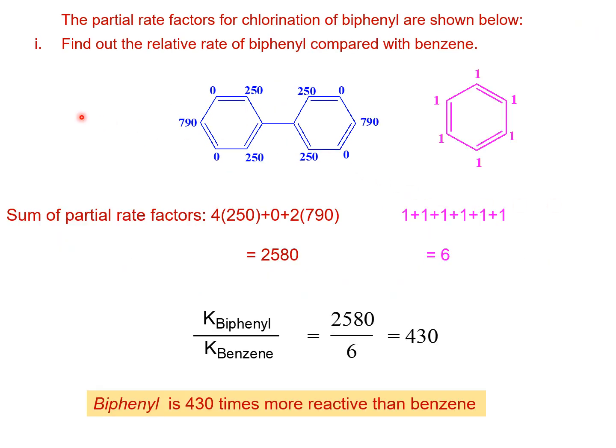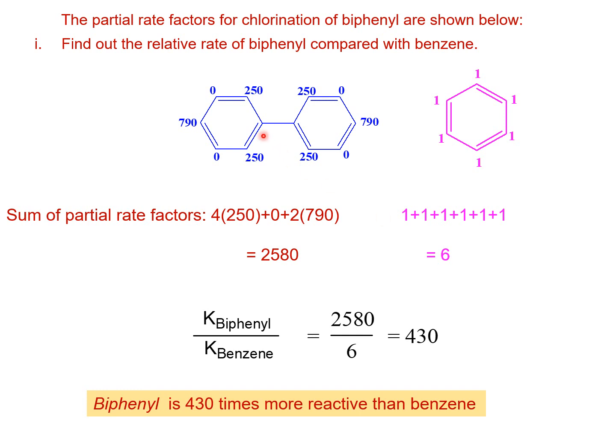As we have done in the last slide, you have to simply add all the partial rate factors of biphenyl and benzene, and it is found to be 2580 for the biphenyl, and for the benzene it is 6.